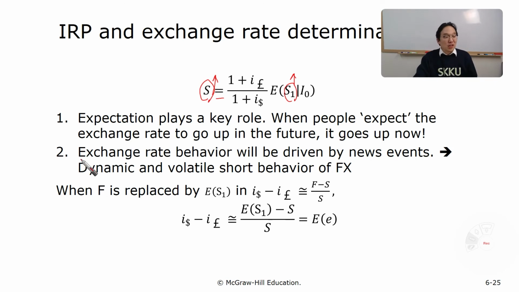Exchange rate behavior will be driven by news events, news about fundamentals, cash flow, and risk, all these kinds of things. And the news comes and goes in real time, flowing like crazy. So with that flow of information, the spot exchange rate will be floating up and down.